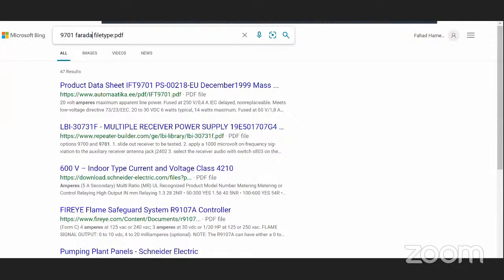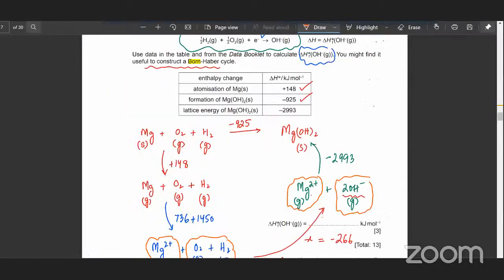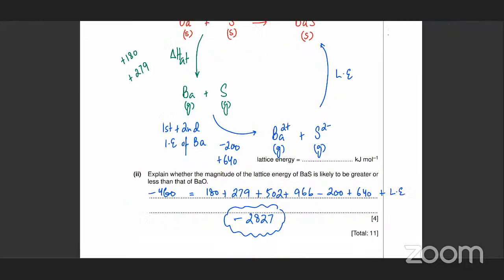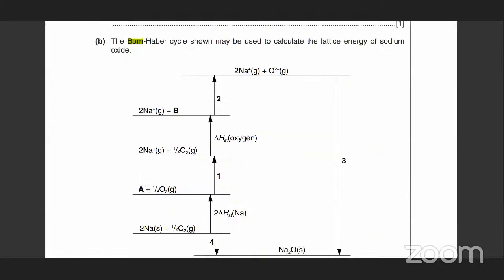So, okay, let's try. I just picked this paper now. This is a very old paper actually. This is even older. One second.